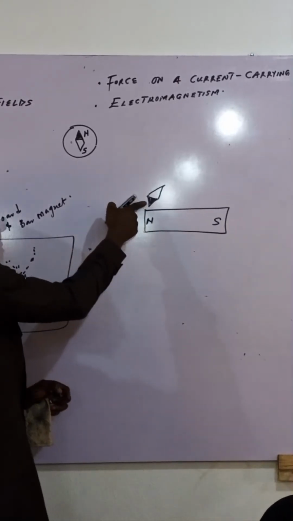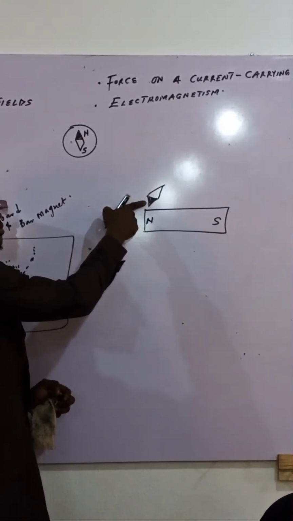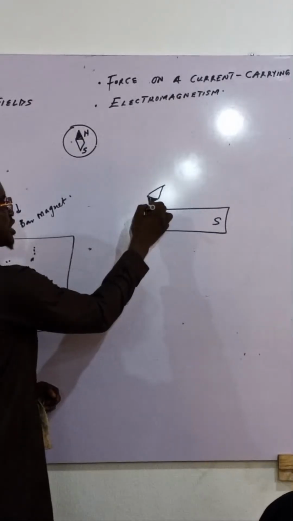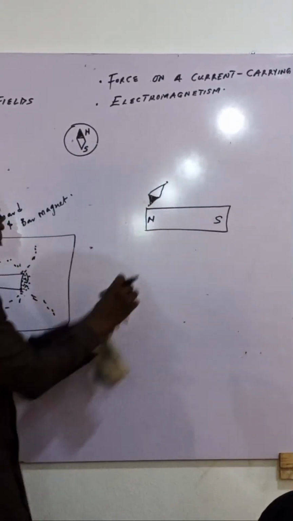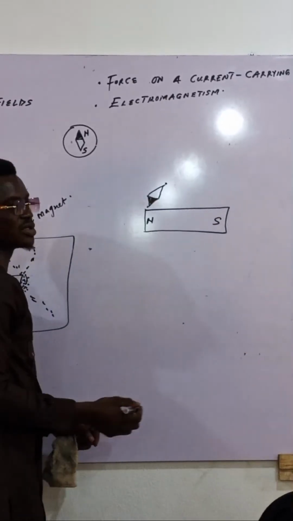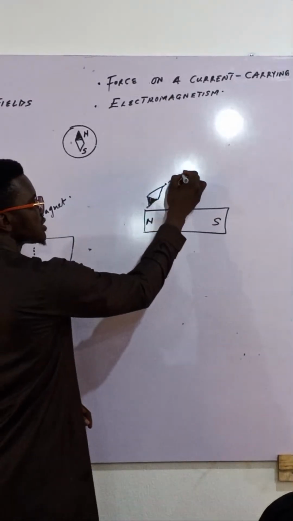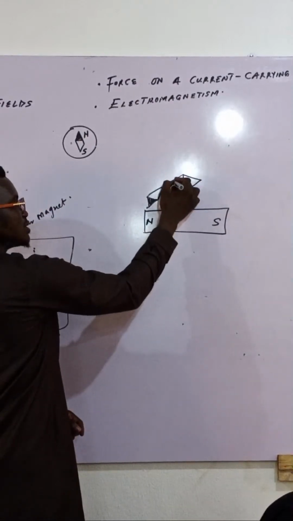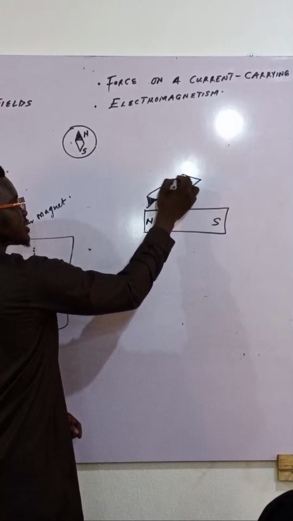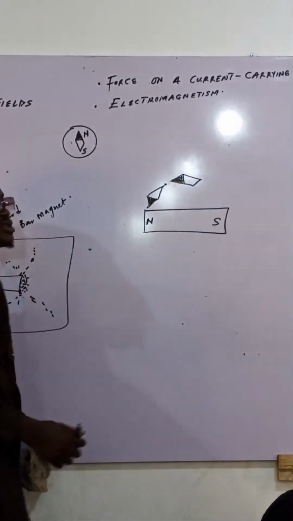This black side is north. You will put a dot there, then you put a dot. You take it again and place it here. From where you put that dot, you will realize it will move like this. This black part is still north, and this part is still south.